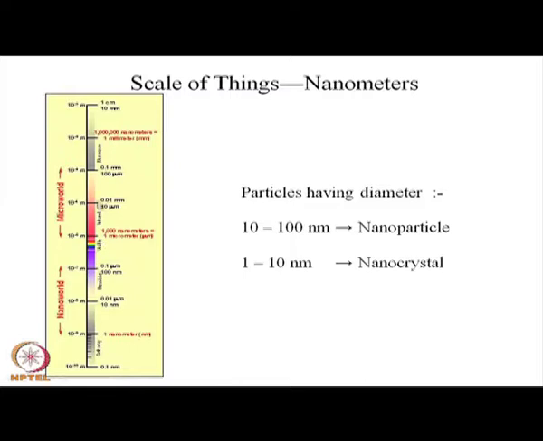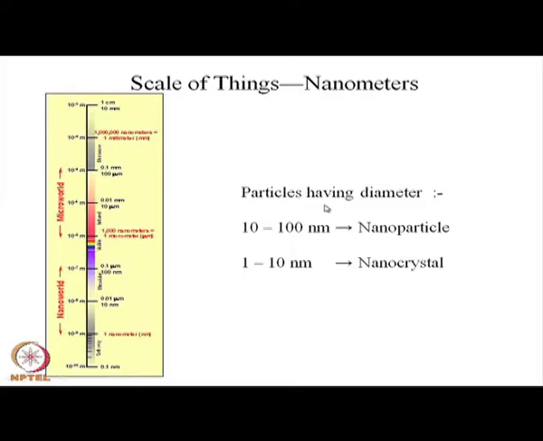Of course, automatically the color is changing and also the band is differing. Like here it is microwave, this is infrared, this is visible, this is ultraviolet and so on. So practically here it is the nano world, this is your micro world.